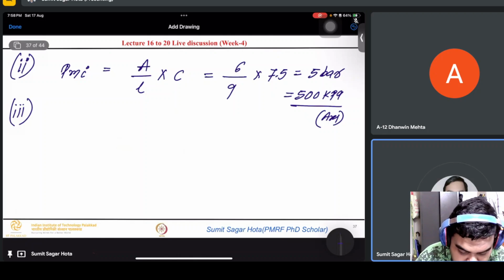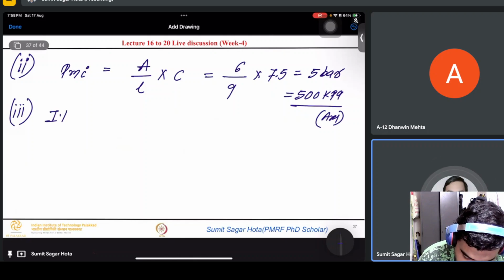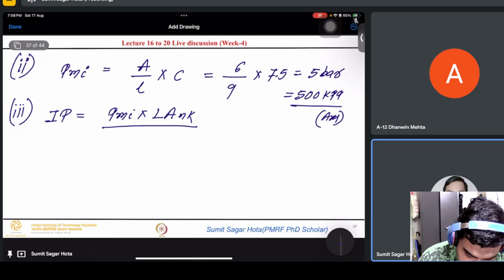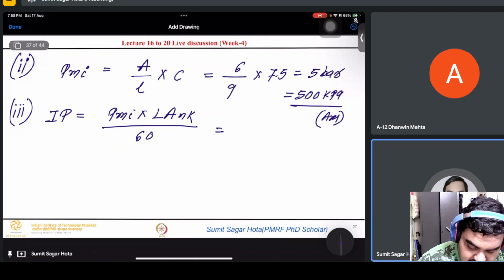Third one, the indicated power. Indicated power IP equal to indicated pressure into L A N K divided by 60. Because it's already in kilopascal, no need to divide it again by 1000.